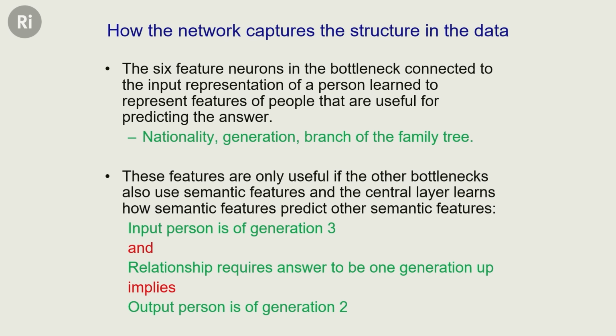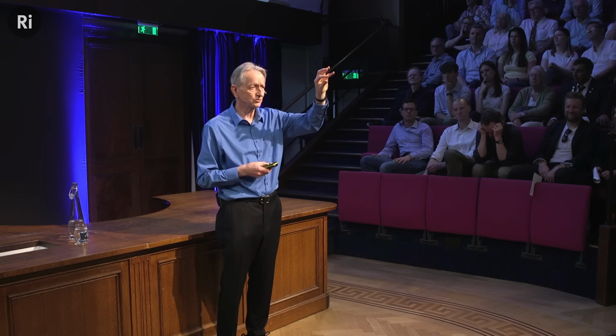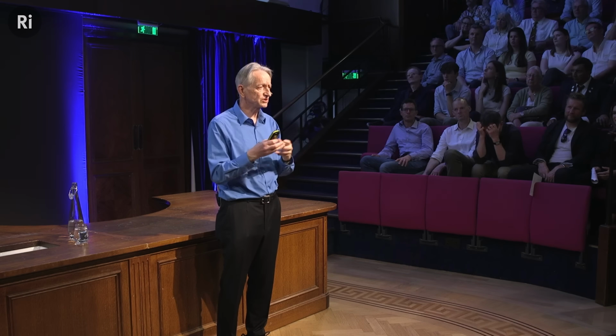And then the interactions between these features learn things like, if the input person is of generation 3, and the relationship requires the person to be 1 generation up, then the output person is of generation 2. So for that little feature vector for the output person, it would activate the thing that represents generation 2. And it learned a whole bunch of little rules like that, which really did capture the structure of the domain.